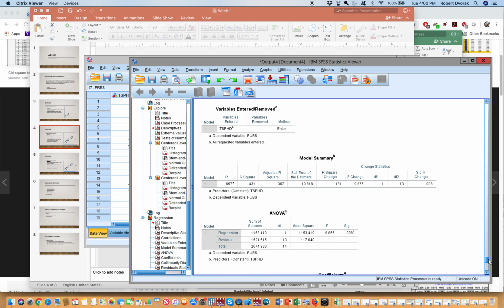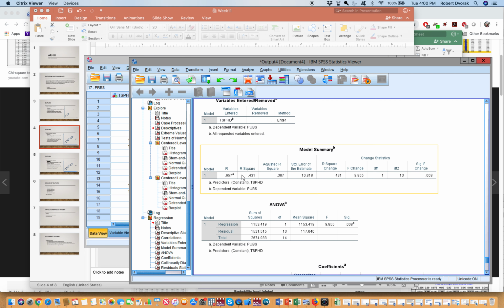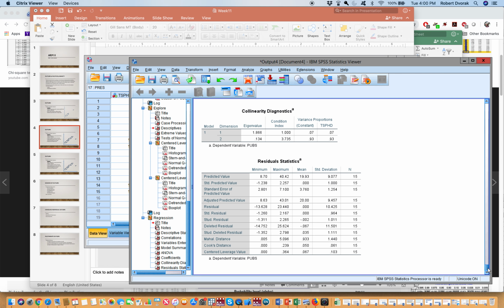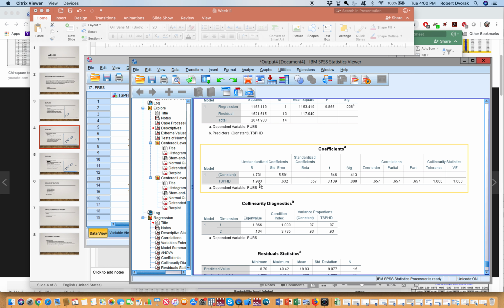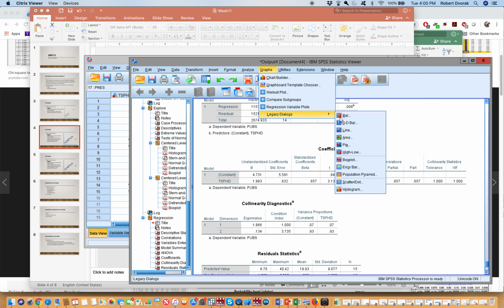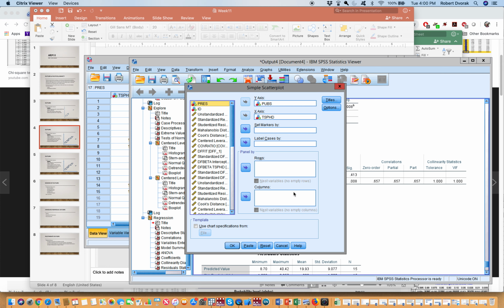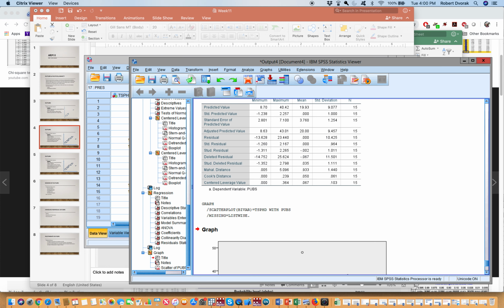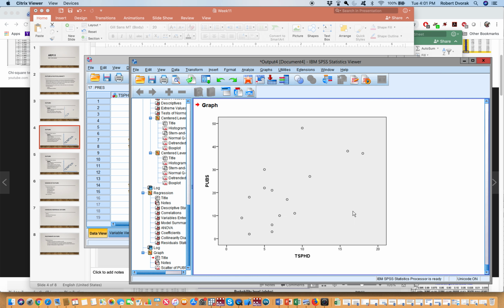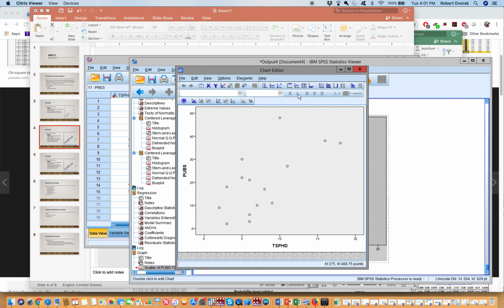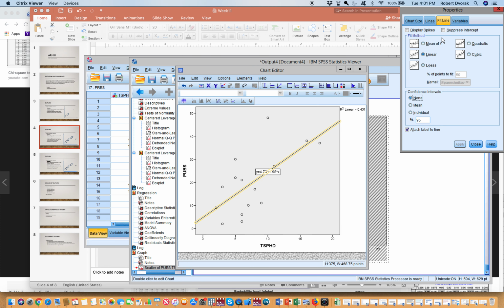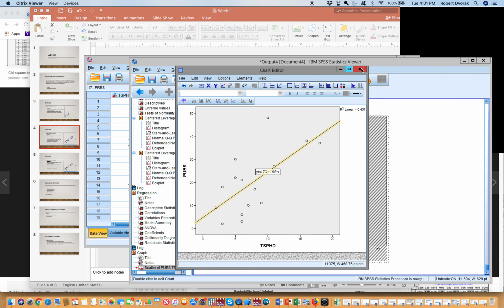Our R squared is 0.431 right here. Our regression coefficient, 1.98, and it is a statistically significant predictor. Now this is going to be the important piece. Let's have a look at our basic scatter plot, and let's throw our line in there. There we go. Close that.